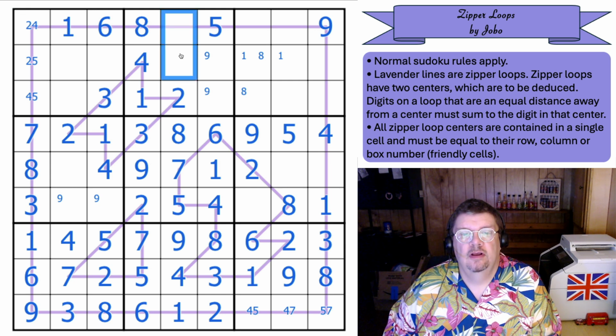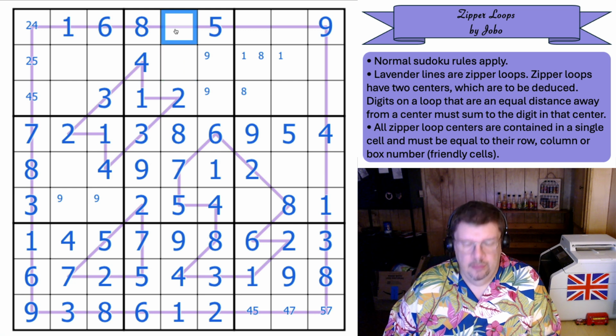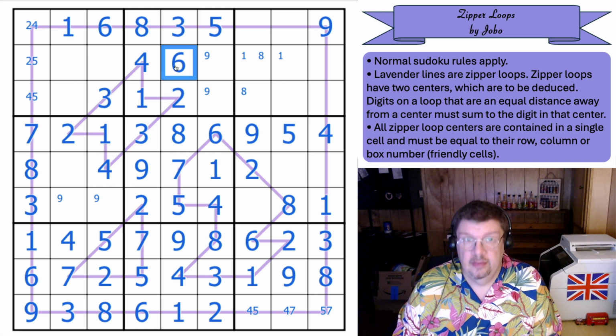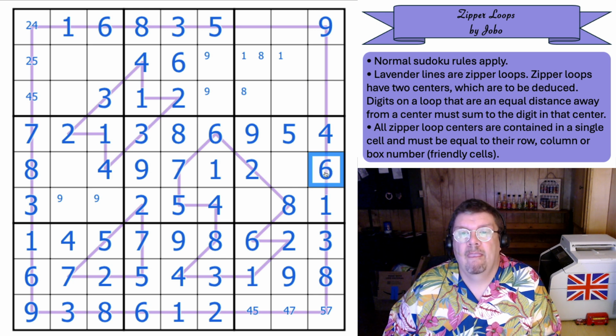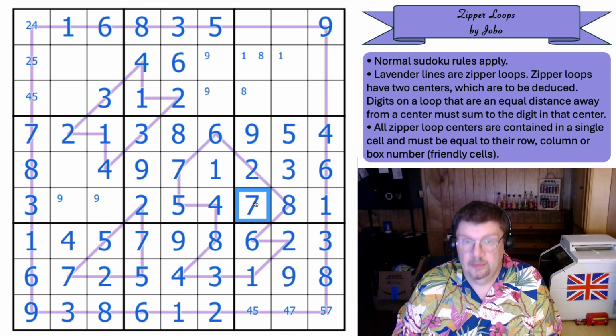These two digits are from the column, 3 and 6. And we know the order. That's a 3. That's a 6. That makes this a 6. These are 3 and 7. And I know the order.